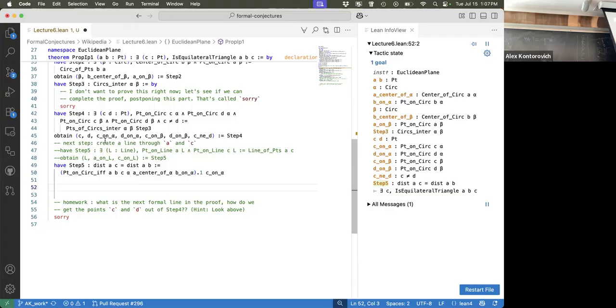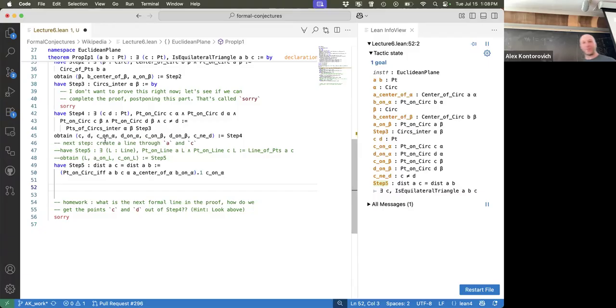A is on beta and C is on beta. So that's what we know.